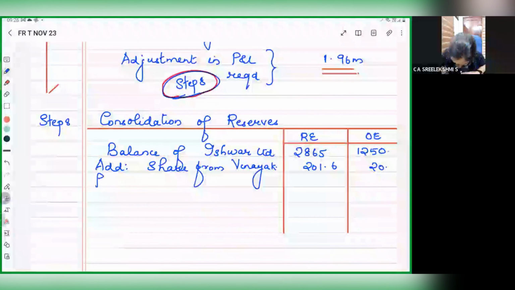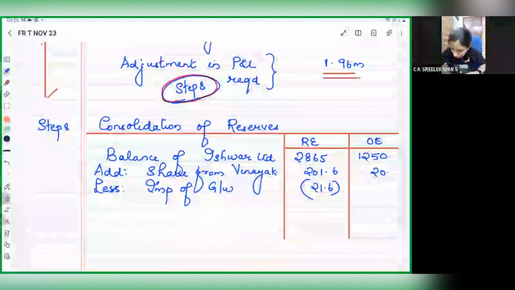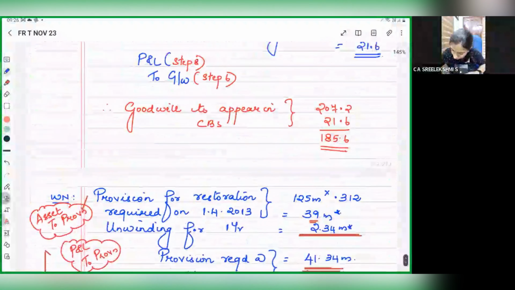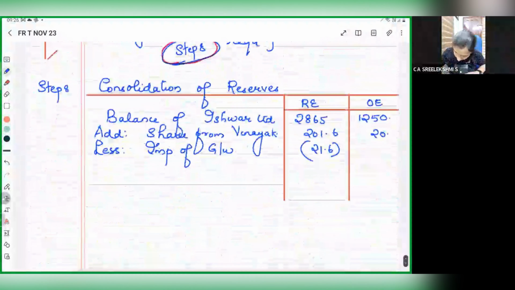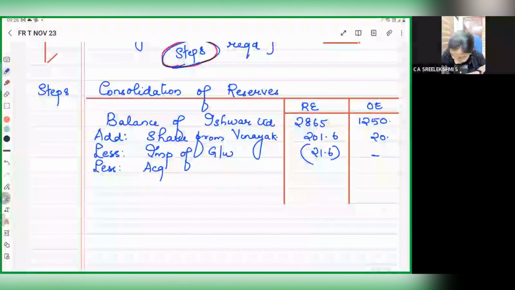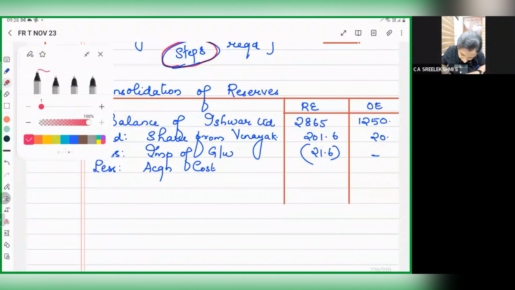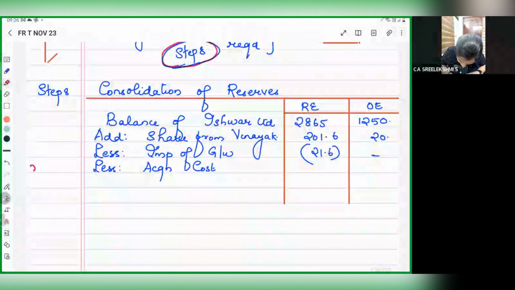Go through less impairment of goodwill, 21.6. Impairment of goodwill was 21.6. Okay, other equity and retained earnings. Then less starting acquisition cost. So this is a part of rectification.